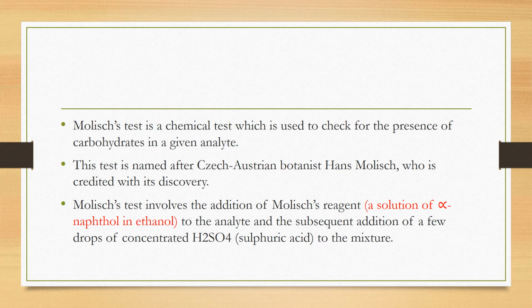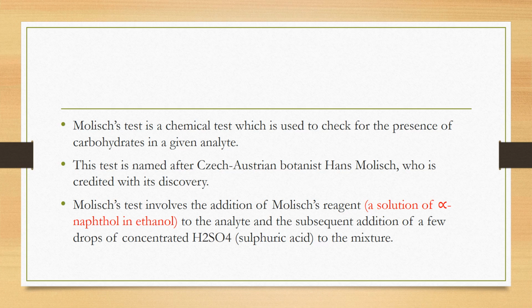The Molisch test is a chemical test which is used to check for the presence of carbohydrate in a given analyte. This test is named after the Austrian botanist Hans Molisch, who is credited with its discovery. So the name comes from the person who discovered it.